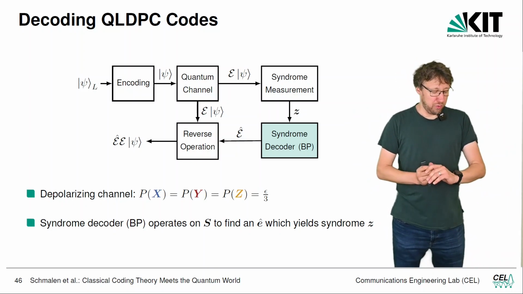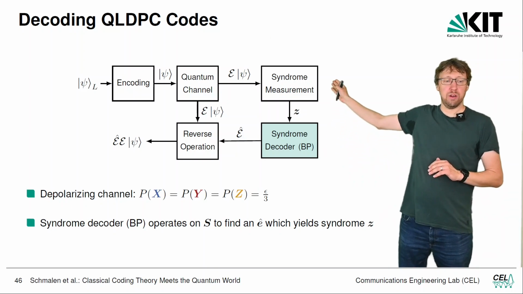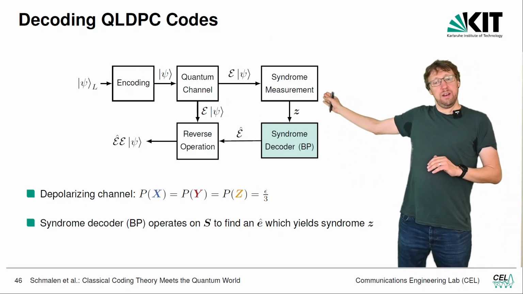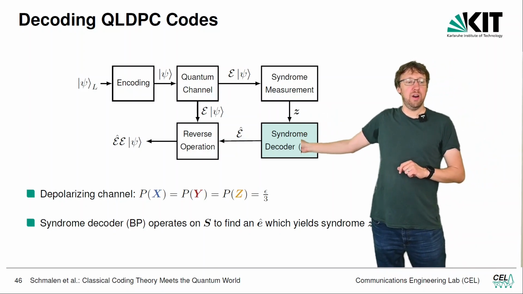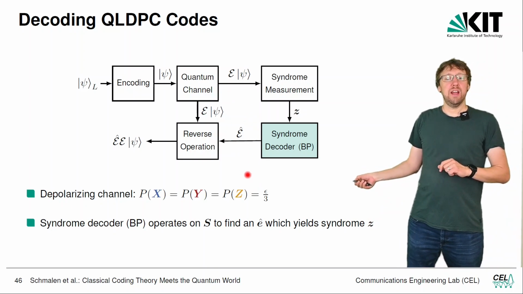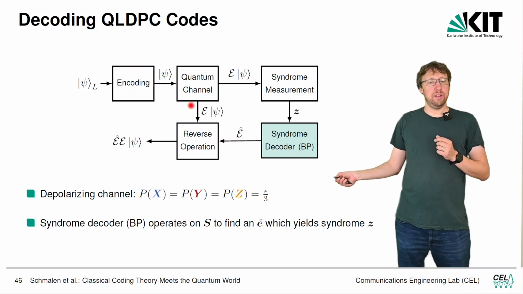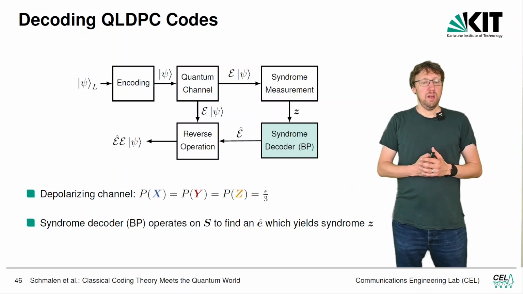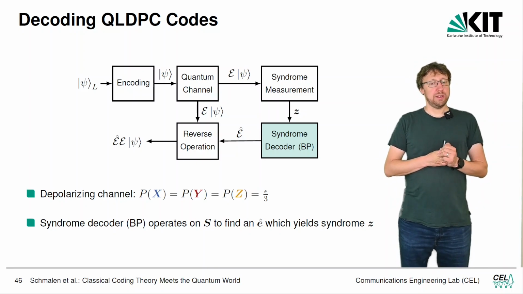But what we can do is measure a syndrome, and then we use this syndrome in a syndrome decoder to get an estimate of our quantum error E hat. And then we just undo the effect of the quantum error on the noisy code word. So we multiply E hat by E times phi.